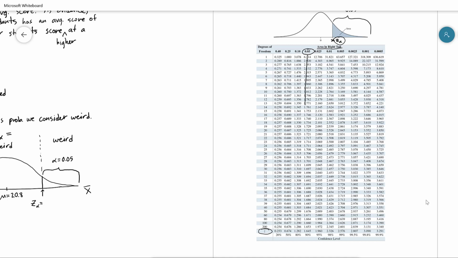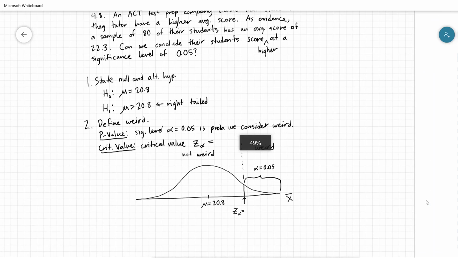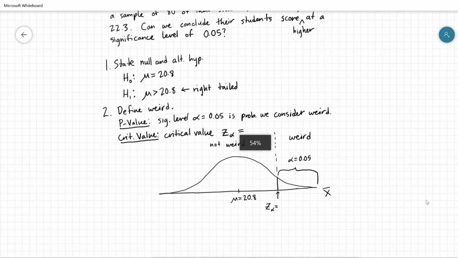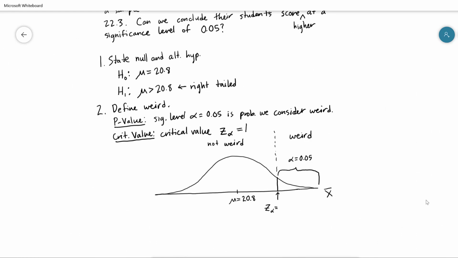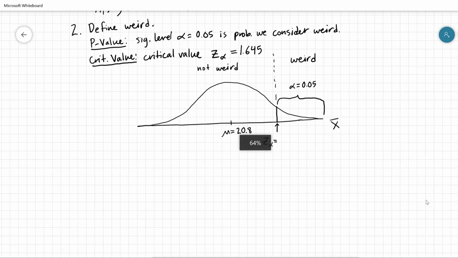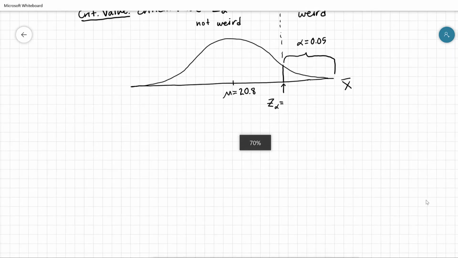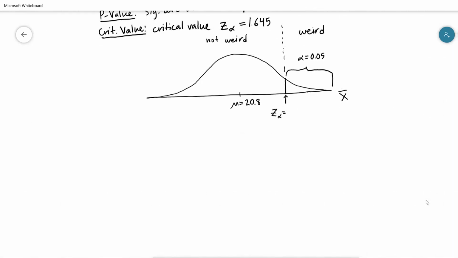And so that tells me the number that I'm using is right there, 1.645. And that's how we use that table. So real quickly, this number is 1.645. So now we've defined what's weird via both its area and via z-score, and now we need to look at our actual evidence. So the third step is we need to compute the test statistic.